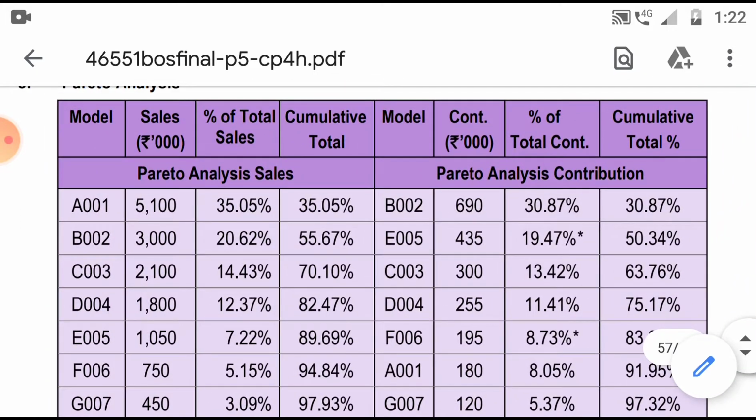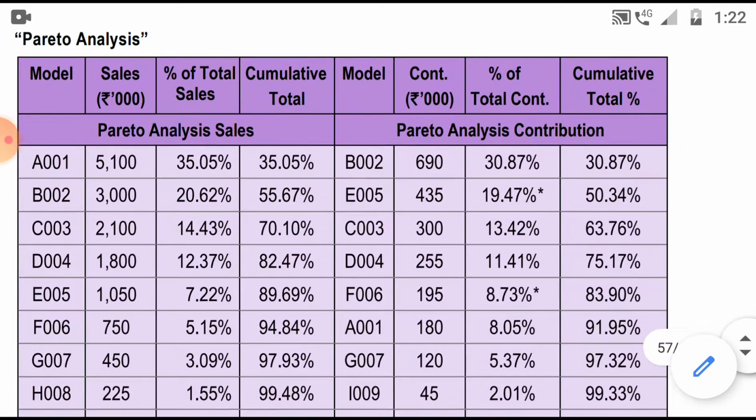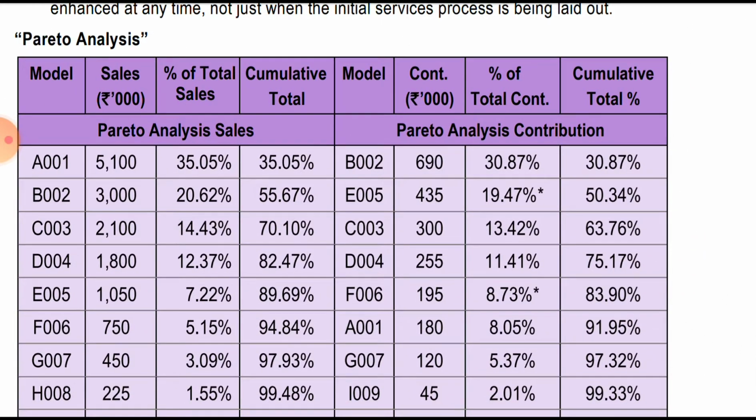Like which products are contributing to 80% of the sales, we can see this first four till 82.47, till D4, and in contribution B2, E5, C3, D4, and basically we can say F6 also, because it is going till 83.